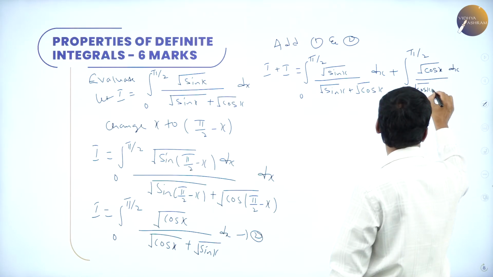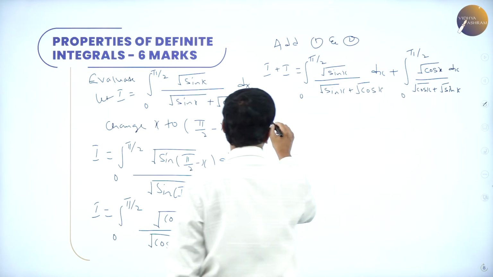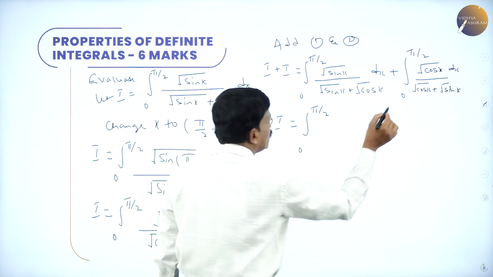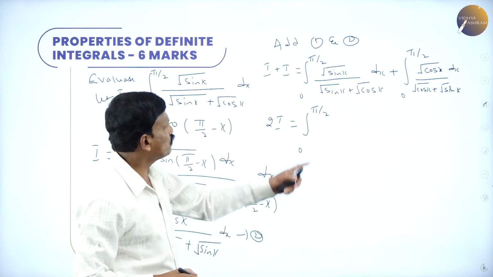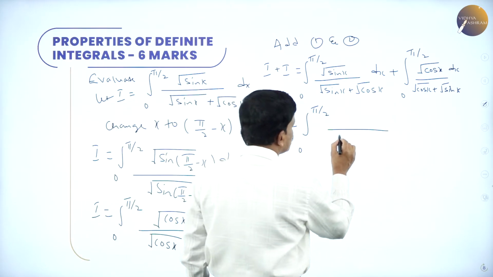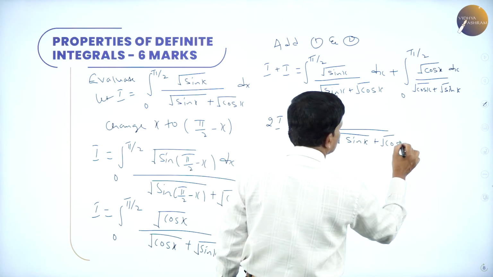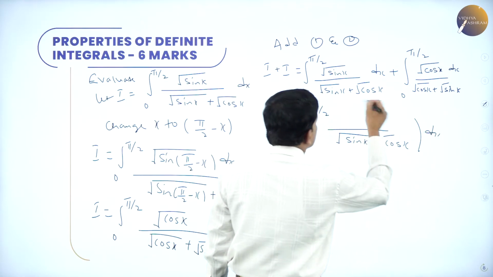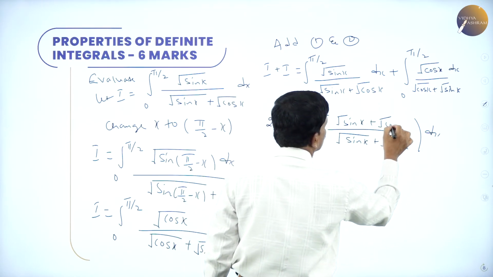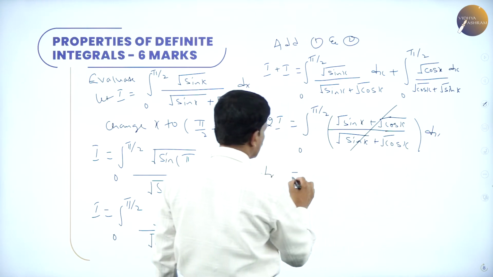So this can be written as I plus I is 2I is equal to integral 0 to pi by 2. Take LCM. Here the denominator, root of sin x plus root of cos x, is one and the same. These two get cancelled. In the numerator, you will get root of sin x plus root of cos x. What happens? This entire step gets cancelled.